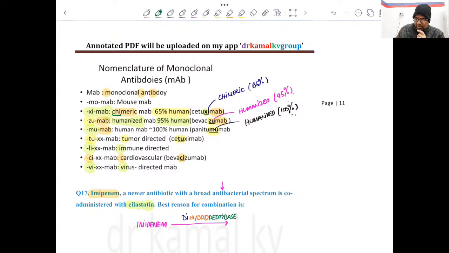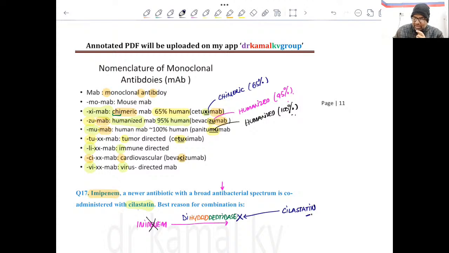Now this enzyme is breaking down the imipenem, so the effects of imipenem are not coming. How can we get the effects of imipenem? If we block this enzyme. To block this enzyme, we give another agent, and that is cilastatin.